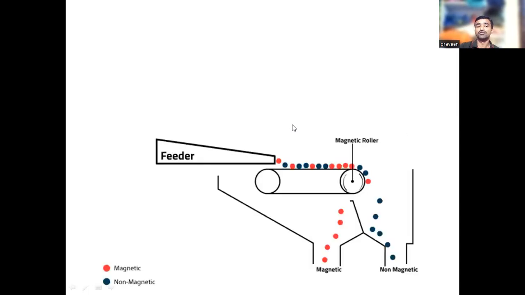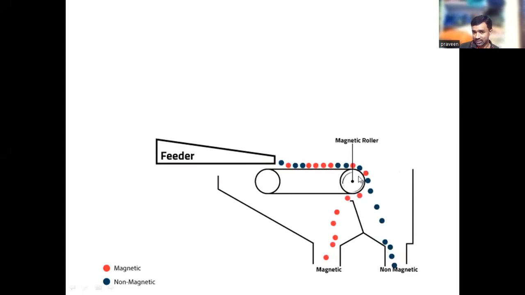In this, we are just pouring the ore onto a belt that rotates on wheels. One of the wheels has a magnetic roller. That magnetic roller will attract the magnetic particles. Here the red color particles are magnetic particles, and these blue color particles are non-magnetic particles. See how they are separated easily using this magnetic roller.